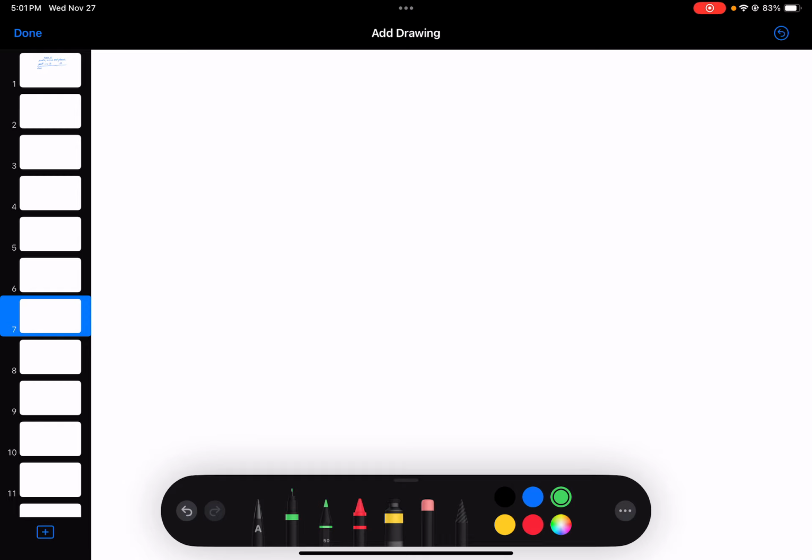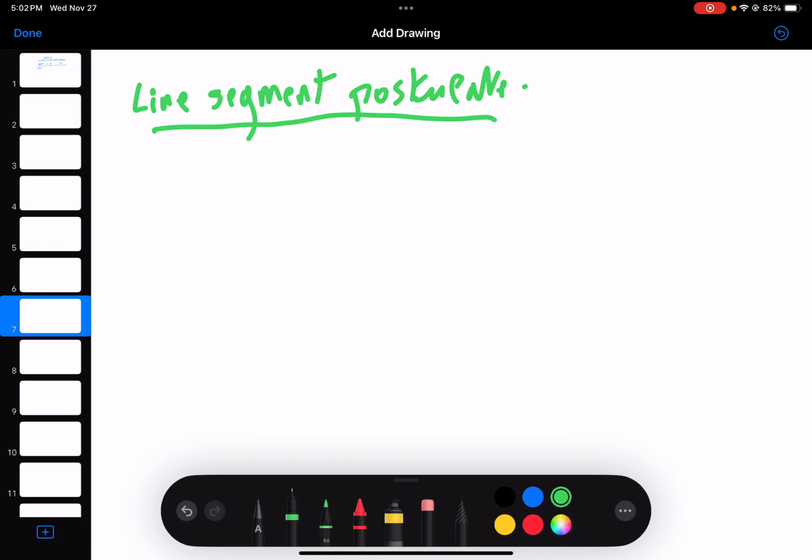All right, so we'll call this the line segment postulate. Okay, not all postulates have names.